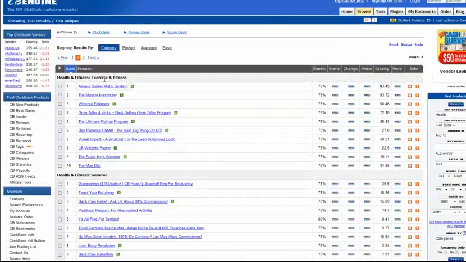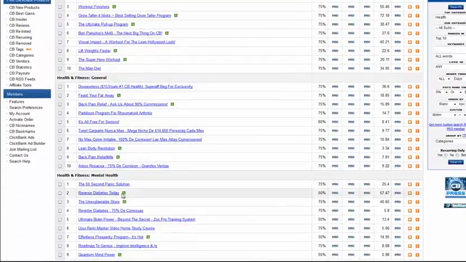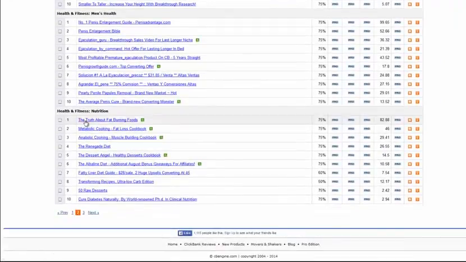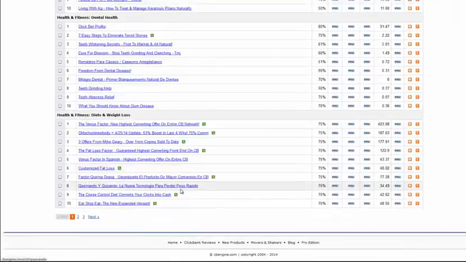There's exercise and fitness routines, Grow Taller for Idiots, a program supposedly which makes you taller from the sounds of it. Mental health, you've got general, and as you can see it's drilled down a lot more. You've got men's health, you've got nutrition, etc.